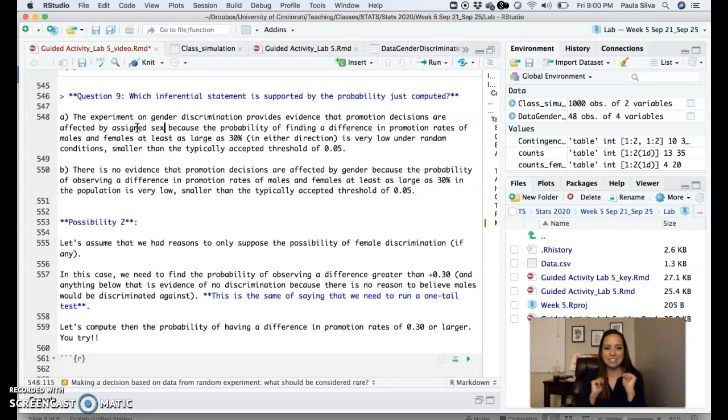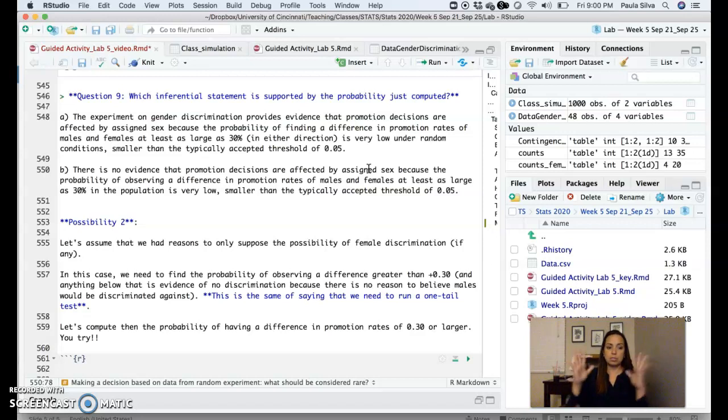So this is correct. We cannot say that there is no evidence that promotion decisions are biased by assigned sex, because it's not very likely, right, to see a difference of absolute 30% or more.